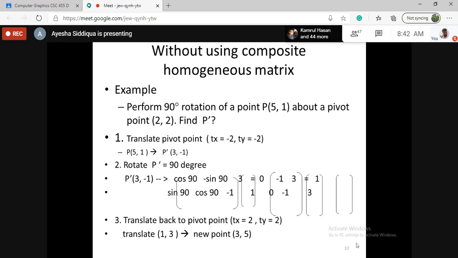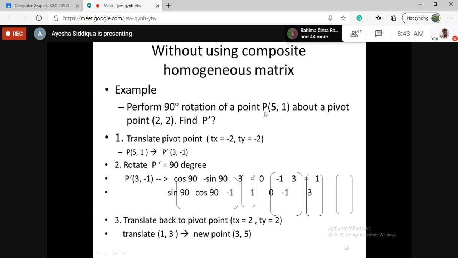Ma'am, in the question the pivot point is 2, 2, so both are positive. If it is plus 2 and minus 2, then what will be the translated pivot point? You don't need to worry about plus 2 and minus 2.